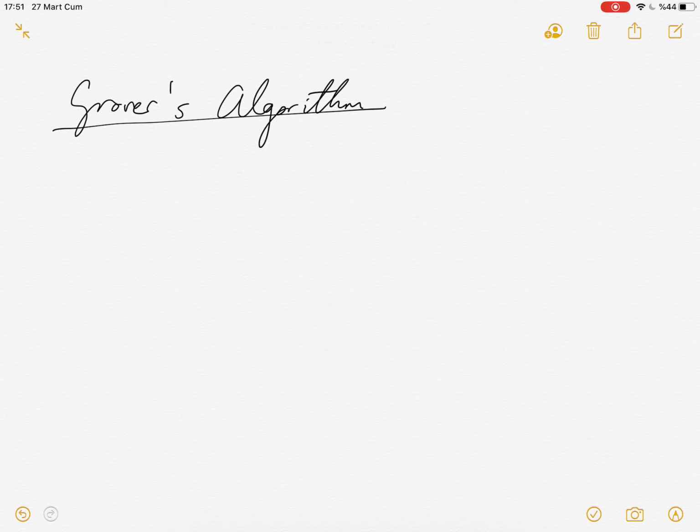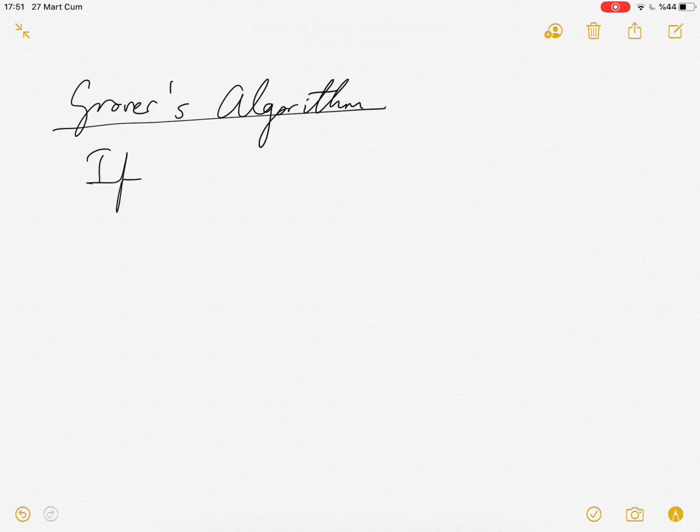So classically speaking, we can solve this unordered search problem in an unstructured list or a database in n many steps, where n is the number of entries.